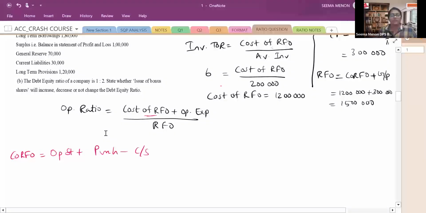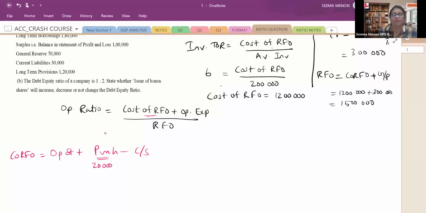When we purchase the goods, my purchases will increase by 20,000. Meanwhile, my closing stock also will increase by 20,000, no doubt on that. So I will add here and subtract there. Ultimately, the effect is nil. That means there is no change in operating ratio if we purchase goods, whether it is cash or credit. I hope you are able to understand.